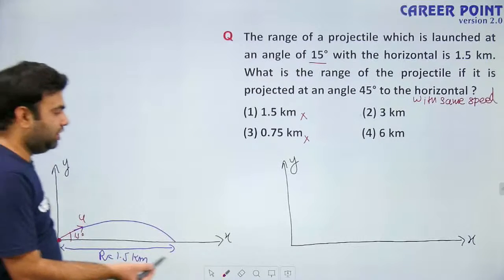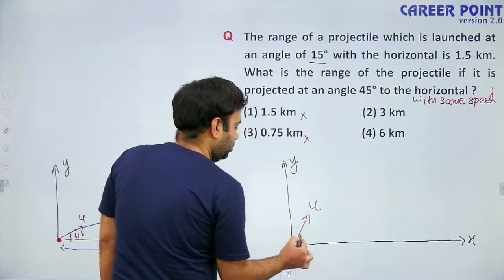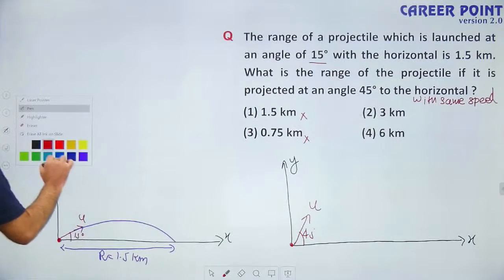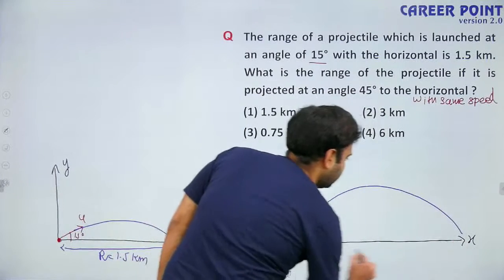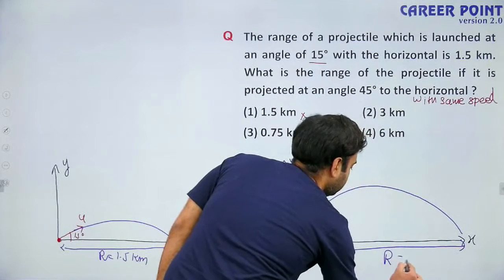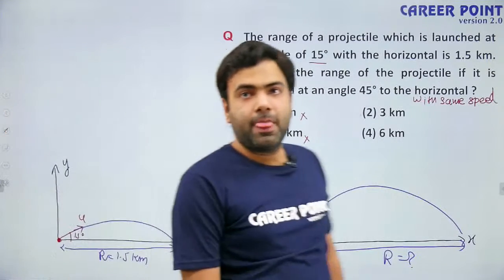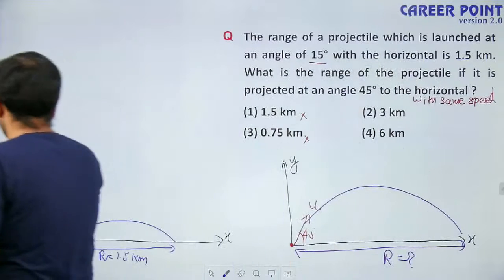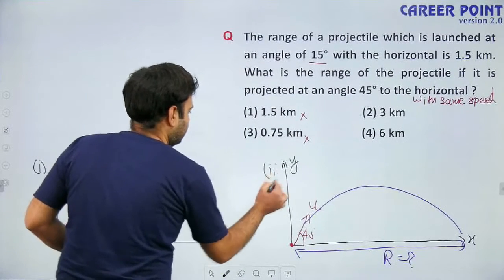When we throw the same projectile with the same speed u, but at an angle of 45 degrees, it is asking for this range. Okay, so let's solve this. First, consider the first case, and after that the second case.